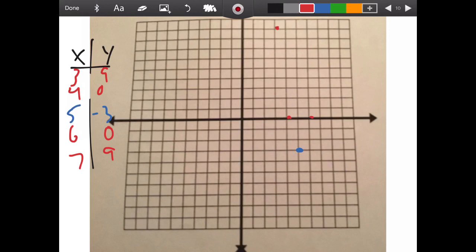All these 9s, by the way, are just coincidental. Please don't think it's anything more than a coincidence of things I wrote. And my awesome drawing has made a parabola, and that's it.